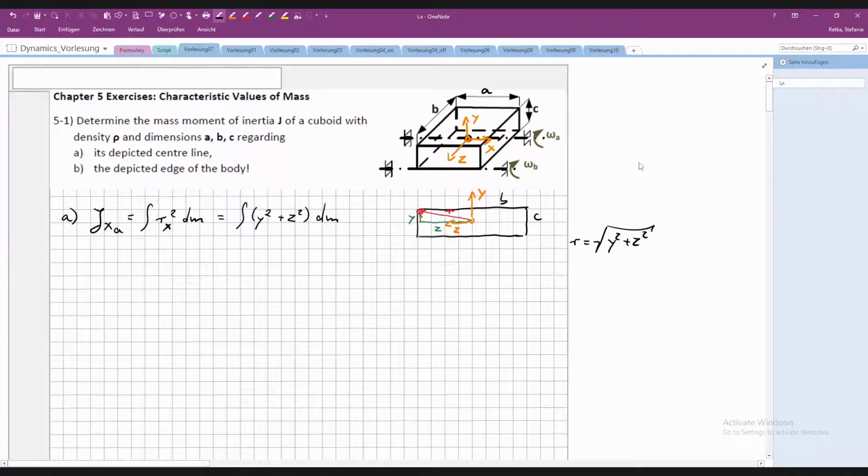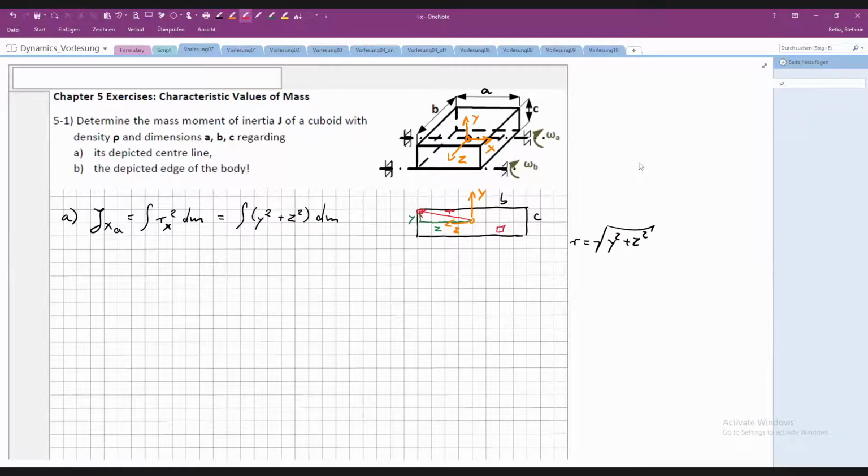In general terms, of course, not for the specific mass element, but for an arbitrary mass element in our system. It can be in any other position as well, here, for example, or wherever. Then we could derive the radius from there.